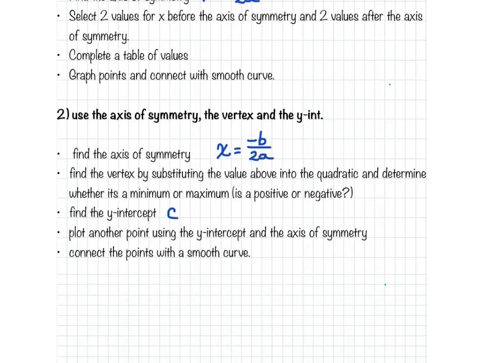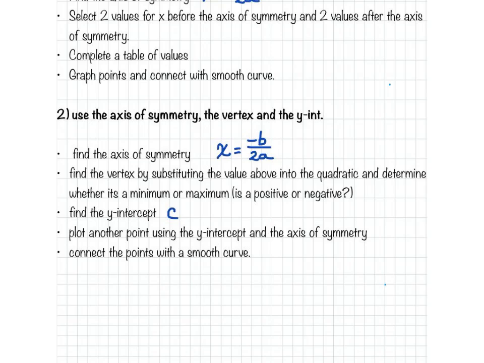The other way that you can graph a quadratic function is using just the axis of symmetry, the vertex, and the y-intercept. Okay, so the first thing you do here is find the axis of symmetry. Then you would find the vertex by substituting the value above into the quadratic and determining whether it's a minimum or maximum.